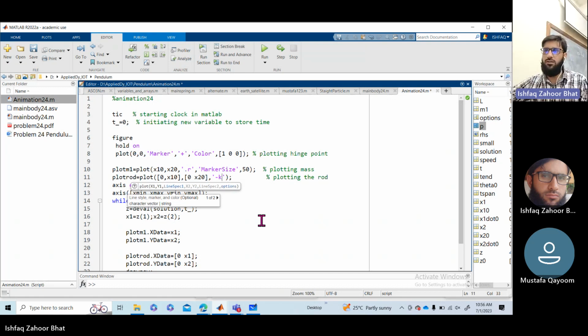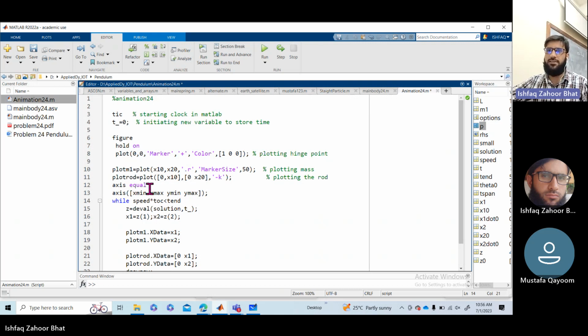So we use this K. K is the symbol for black, B is the symbol for blue, Y is the symbol for yellow, R is the symbol for red. You can check these on Google or in help. There is also a command help. You can find it there.